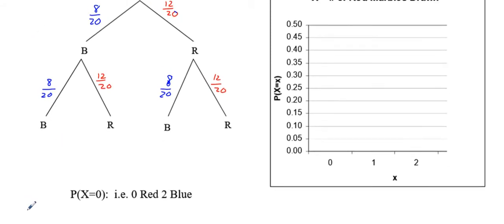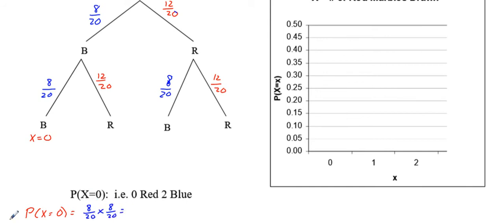So to find the probability that the number of red marbles is equal to 0, that would mean you'd have to get 2 blues. So here is the case where there are no red marbles. So that means you would have to draw a blue and a blue.